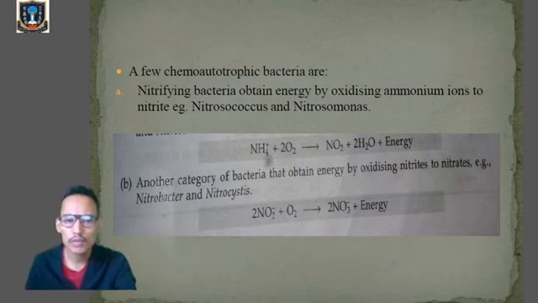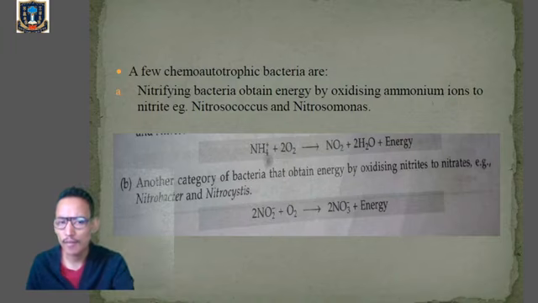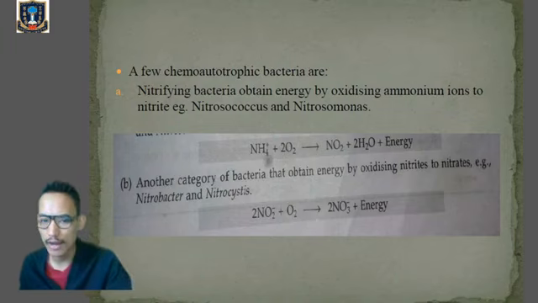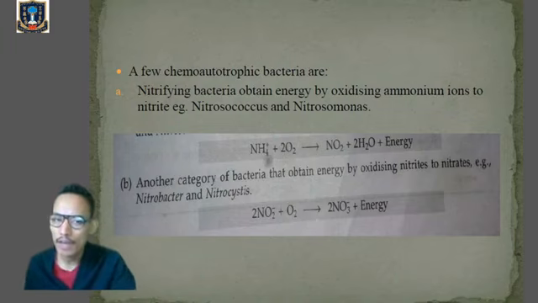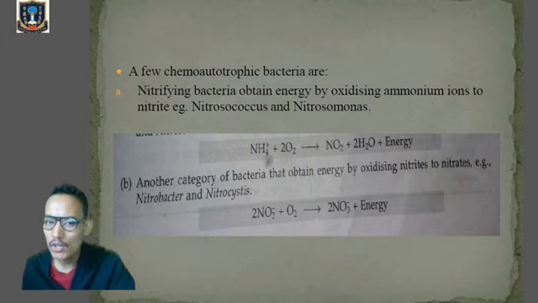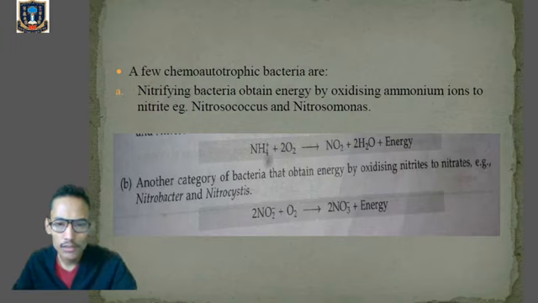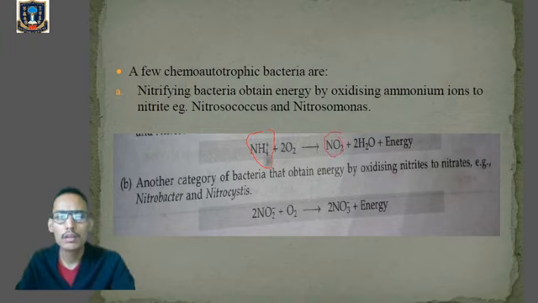Here, first we have those nitrifying bacteria that obtain energy by oxidizing ammonium ions to nitrite. Remember that NH4 plus means ammonium ions, which are broken down to nitrites.